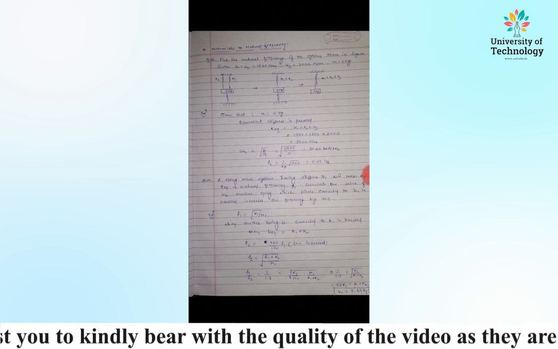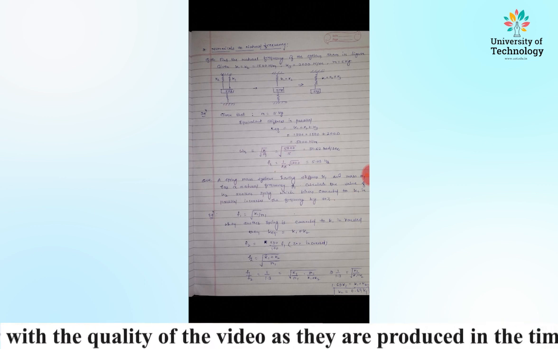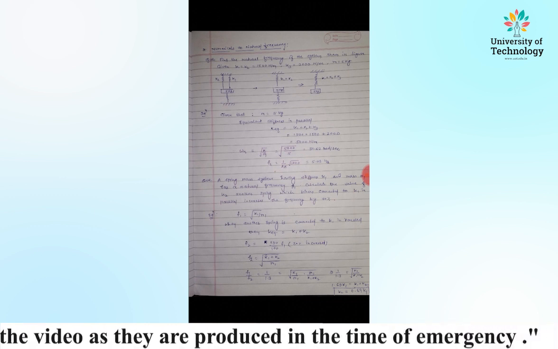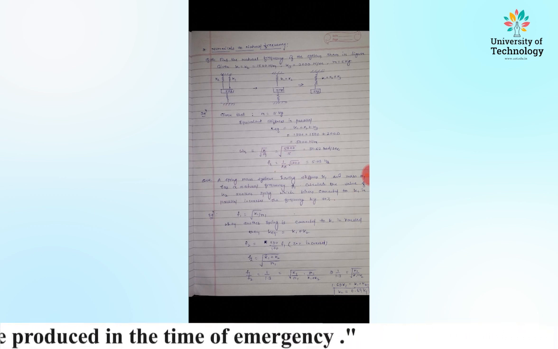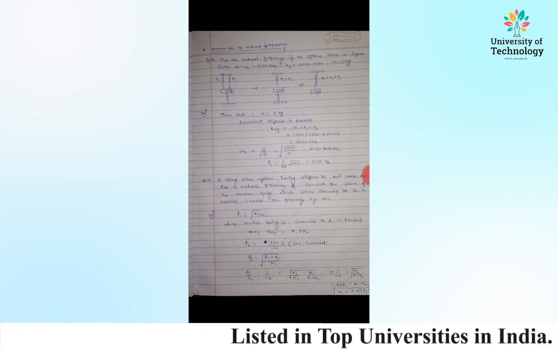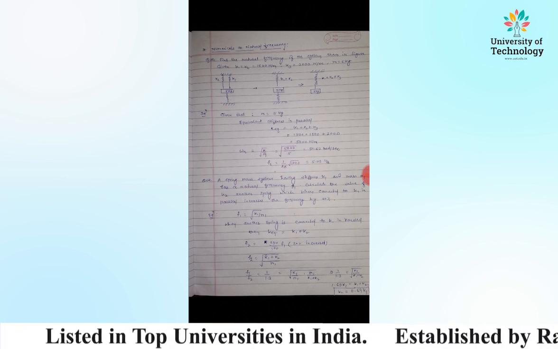Then the value of F1 is equal to 1, F2 is increased by 30%, that is 1.3, is equal to root of k1 by k1 plus k2.